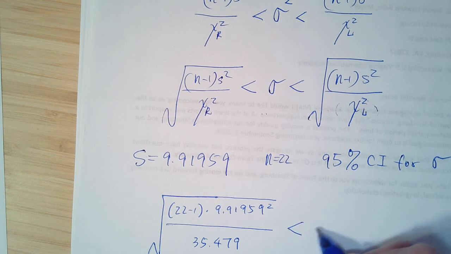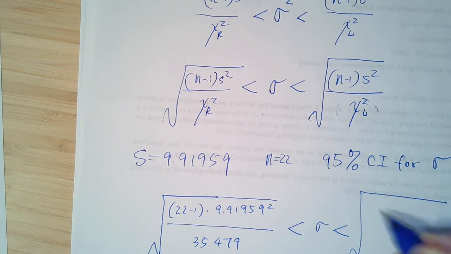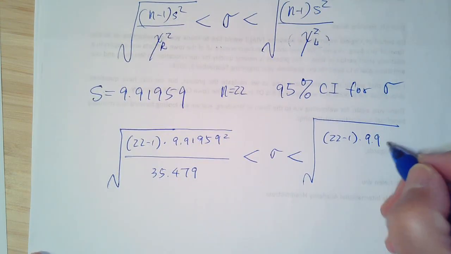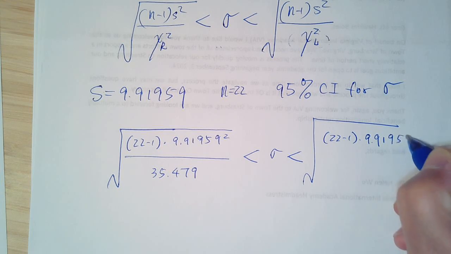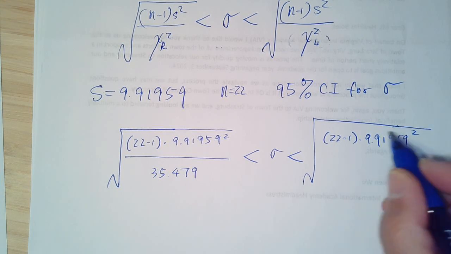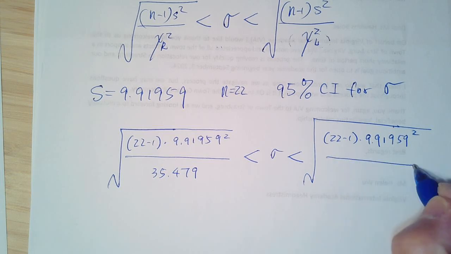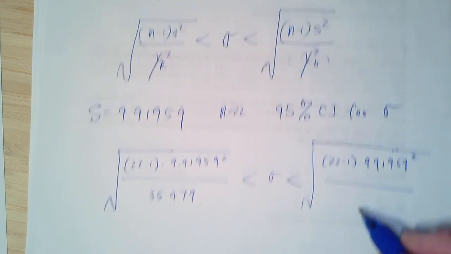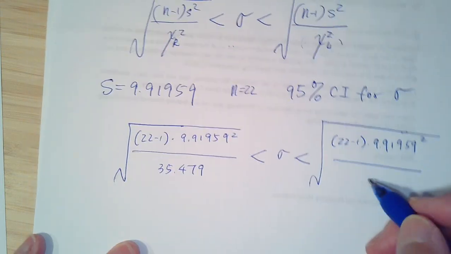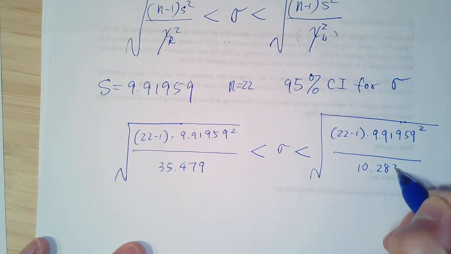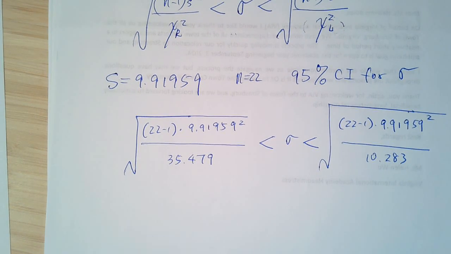And then here's 22 minus 1 times 9.91959 squared, so you have this guy squared, and then divided by the chi-square left. We have 10.283. Now I ask you to stop the video and figure out the answer for both.